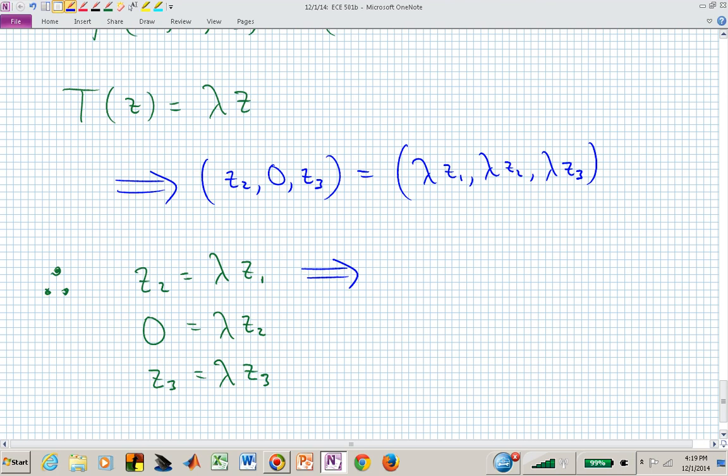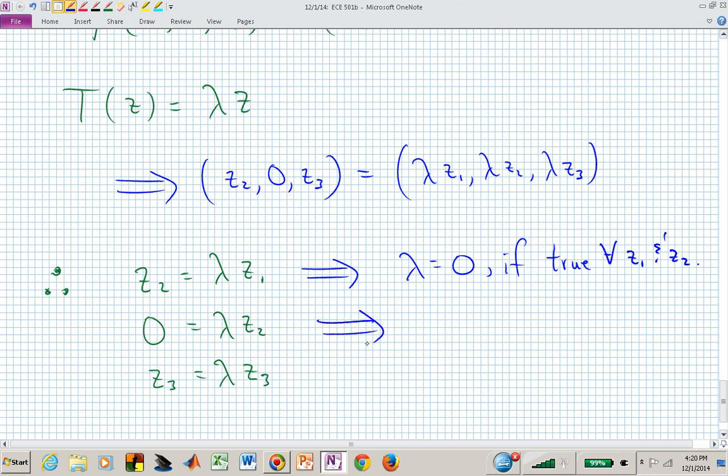What's that imply about lambda? Lambda needs to be equal to 0, if it's true for all z1 and z2.